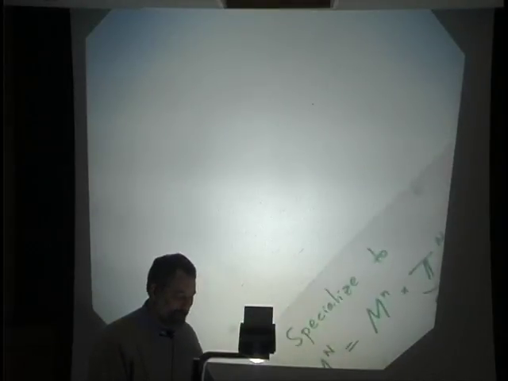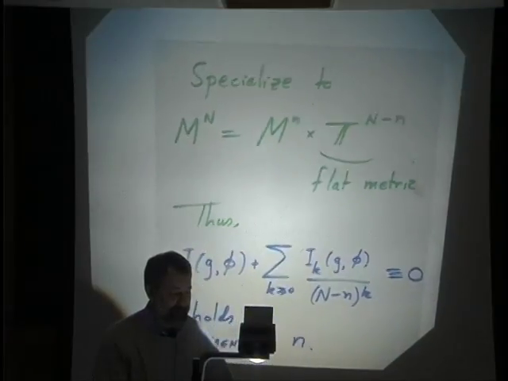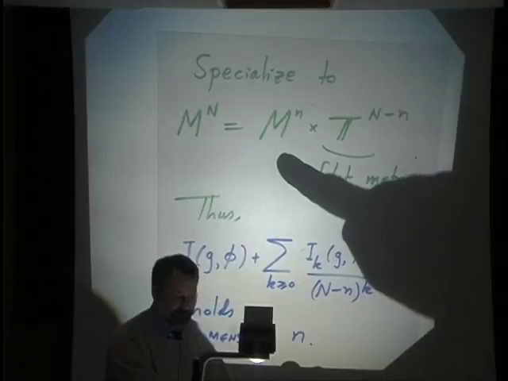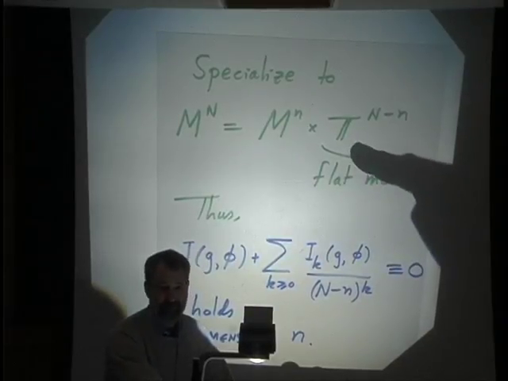Well, what we're going to do about it is, first of all, in order to come back home, we're going to specialize now to manifolds of dimension capital N that are the products of a manifold of dimension little n with a flat torus.